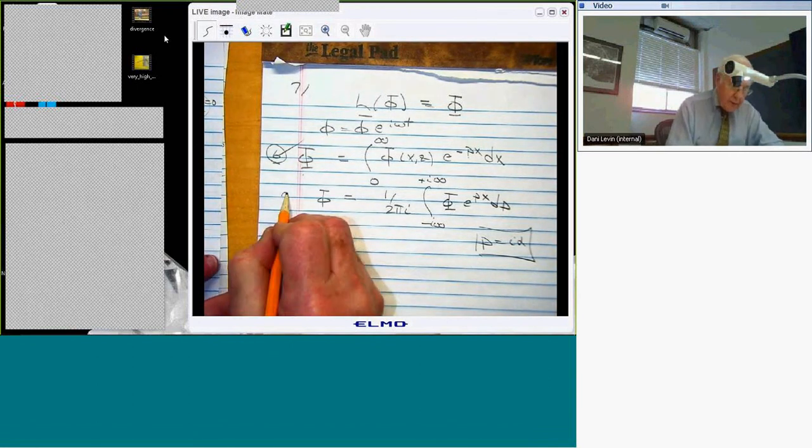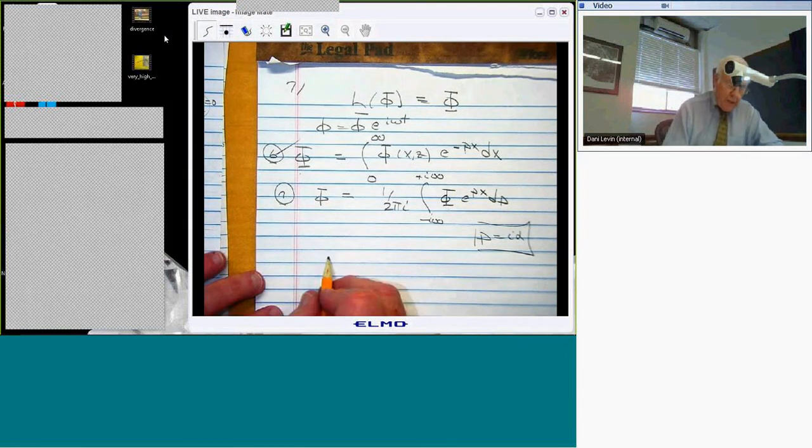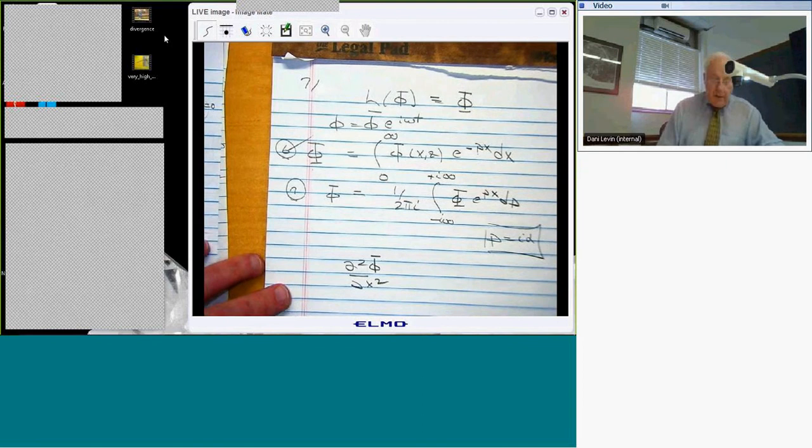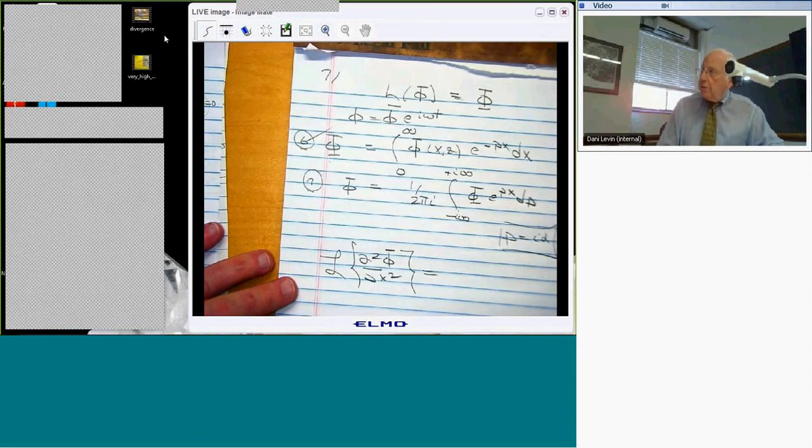So now, when I take a Laplace transform, I have to also take Laplace transforms of terms like this, right? Now, the Laplace transform of that is equal to what? Based on your vast knowledge of transform theory. P squared. P squared. I like P squared. Times the Laplace transform of phi itself.